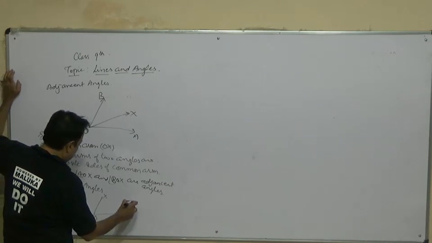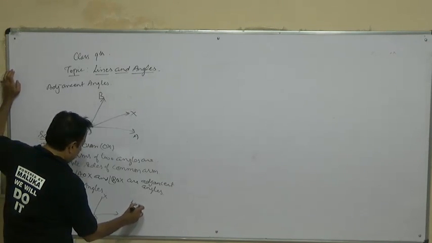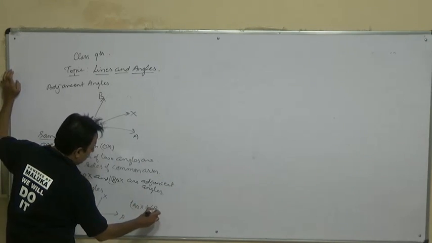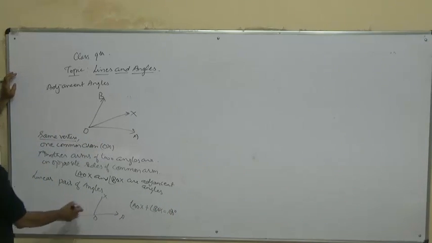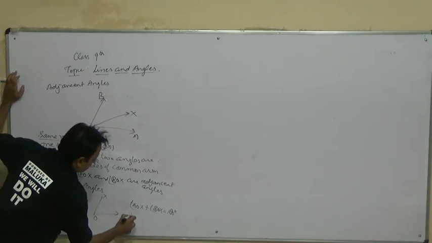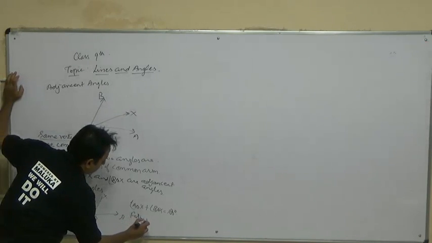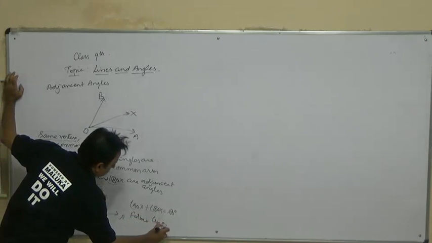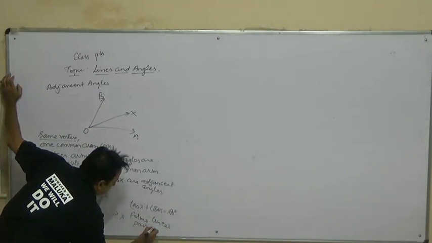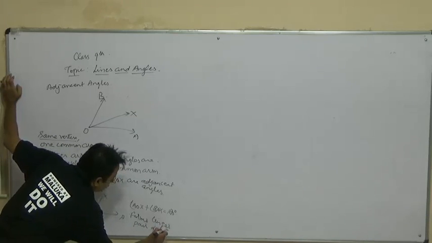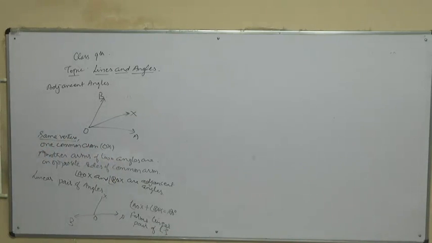We can see that AOX plus BOX is equal to 180 degree. Then we can say that this is the linear pair of angles. Then this forms linear pair of angles. तो ये एंगल्स का पेयर हमें लीनियर पेयर ऑफ एंगल्स बनता है.